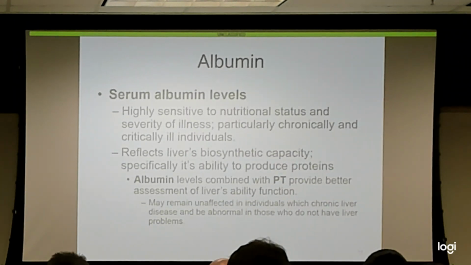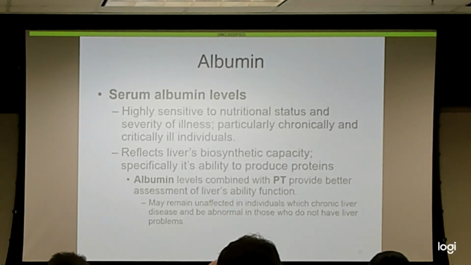Cool. So your serum albumin levels are highly sensitive to nutritional status and severity of illness. Your critically ill patients will have lower albumin levels. Maybe they have problems in their liver and so they're not creating albumin. It's a very good indicator of the patient's health status.